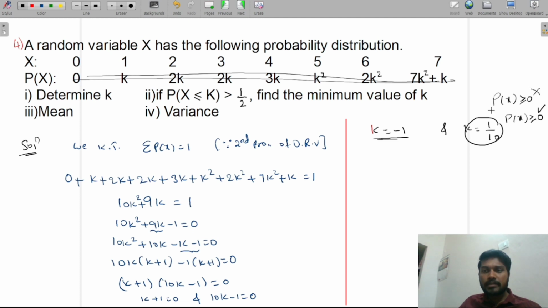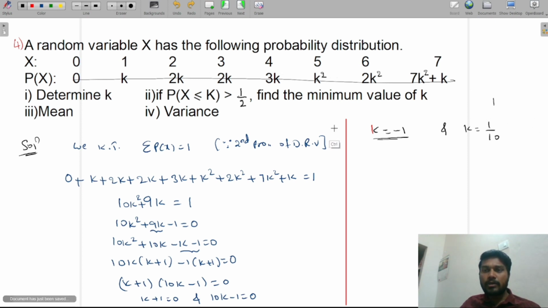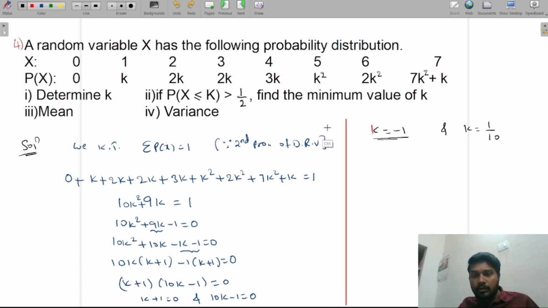This will not be satisfied when k equals minus 1. It will be satisfied when k equals 1 by 10, so I'm considering k equal to 1 by 10. Therefore k equal to 1 by 10 is the correct answer.